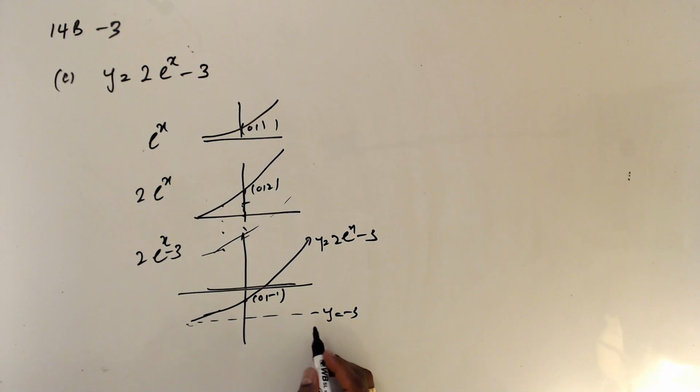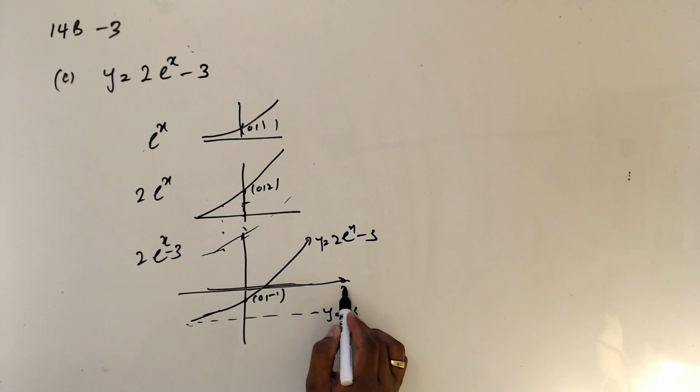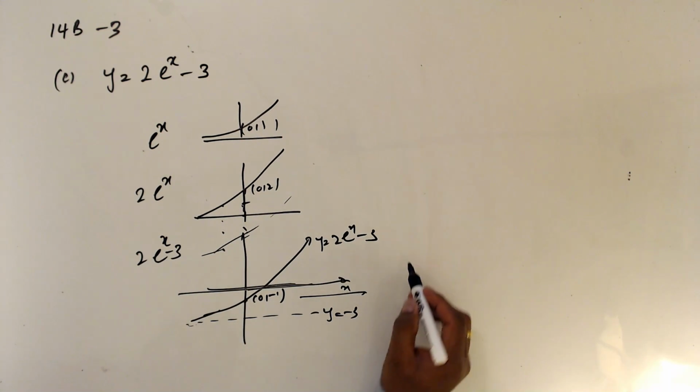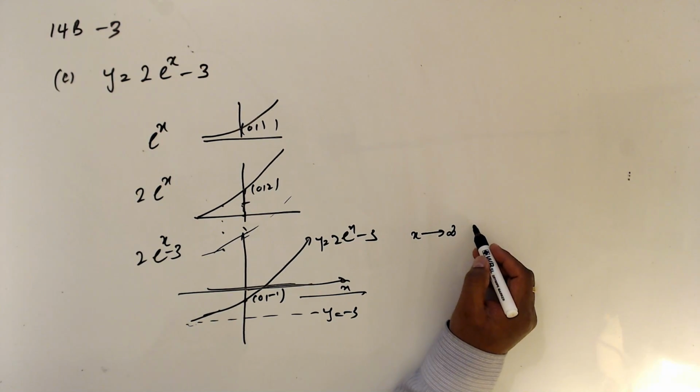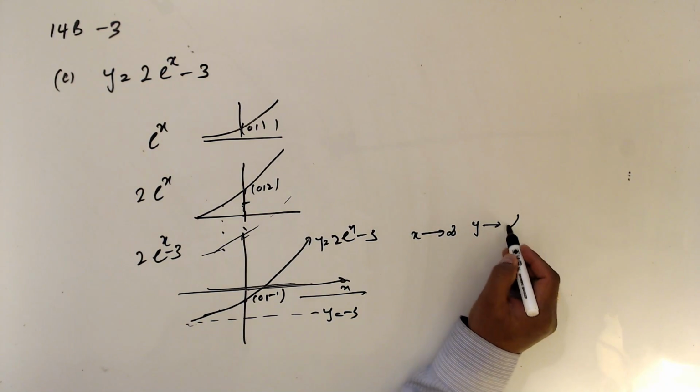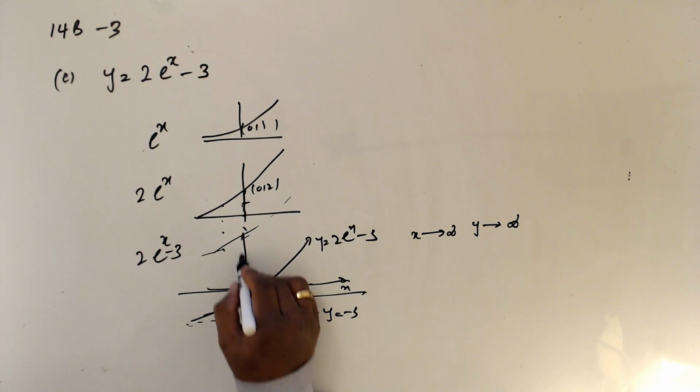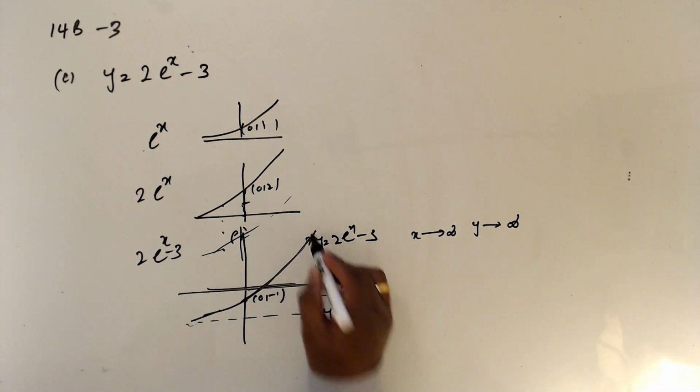Now what you can tell about when x goes to positive infinity: x goes to positive infinity, y goes to positive infinity, that's why it's going this direction.